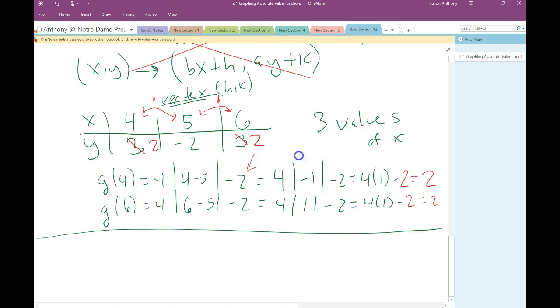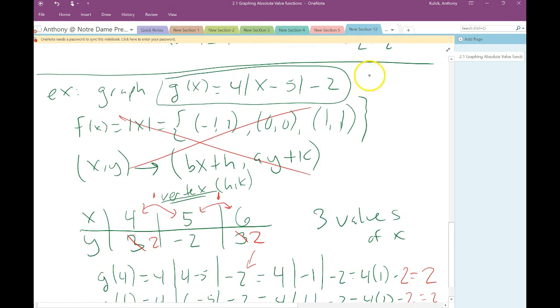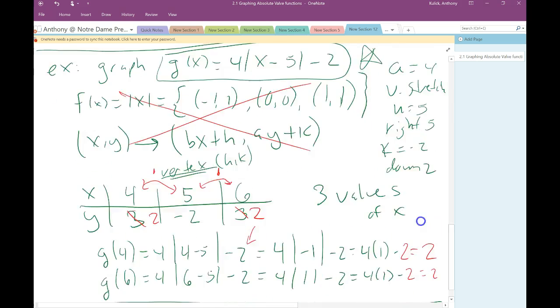Similarly, we could describe the transformation here just like we did before. We have an a value of 4. That means we have a vertical stretch by a factor of 4. We have an h value of 5. That means we're going to go right 5 units. And we have a k value of negative 2. So we're going to go down 2 units.